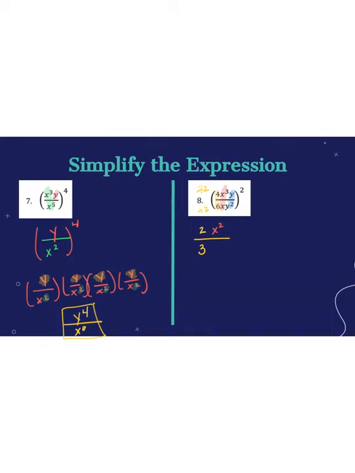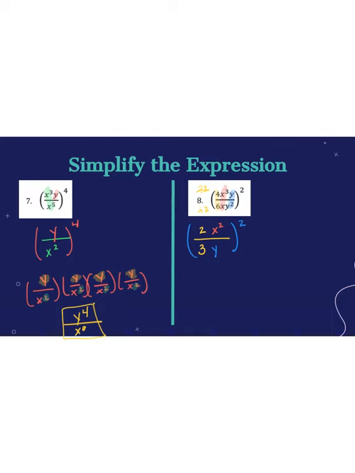I have y to the first divided by y to the second. Well, 2 minus 1 is 1. Because that 2 is on the bottom, my y is going to go on the bottom. Again, I could write that 1 on there, but I don't have to. Then I'm going to put all of this in parentheses, and because it was already raised to the second, we're going to raise it to the second.